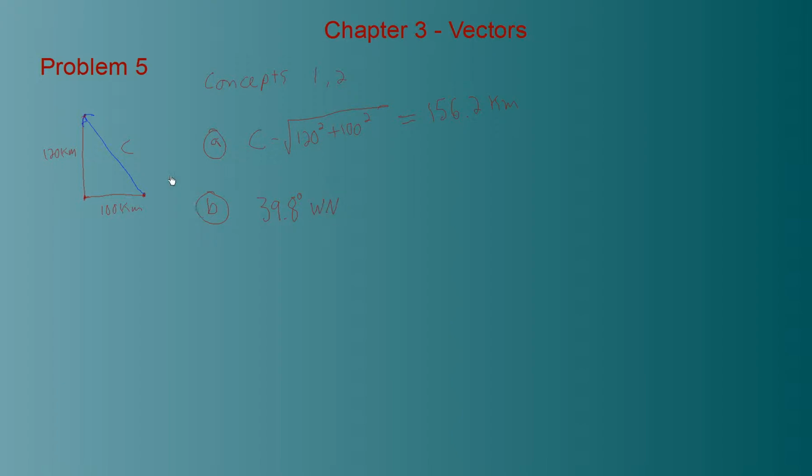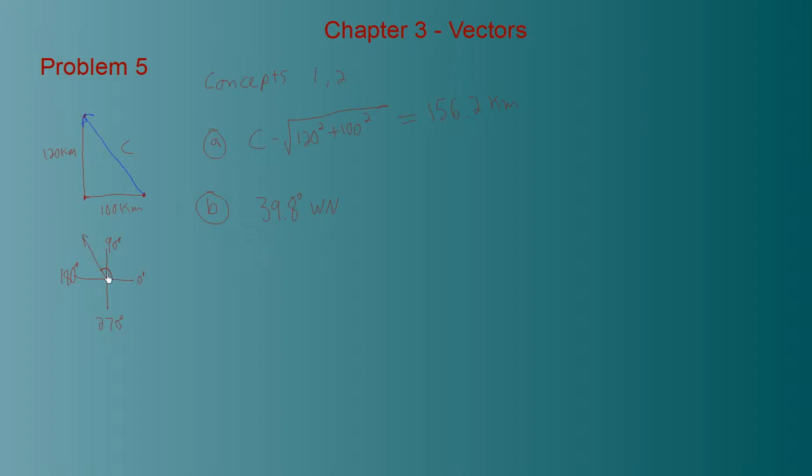But I'm just going to do the old 0 degrees, 90 degrees, 180 degrees, 270 degrees. And you can see C is pointing out in the second quadrant right here. Instead of the book giving you this little angle and saying it is 39.8, I'm going to give you the angle from 0. It's more useful, more universal, and so the answer I give you is not going to agree with the back of the book, even though both are correct.